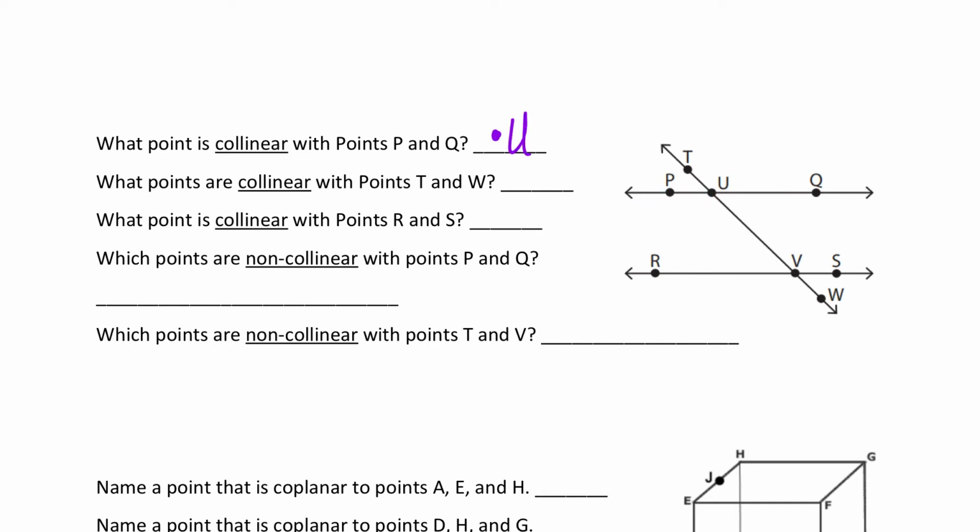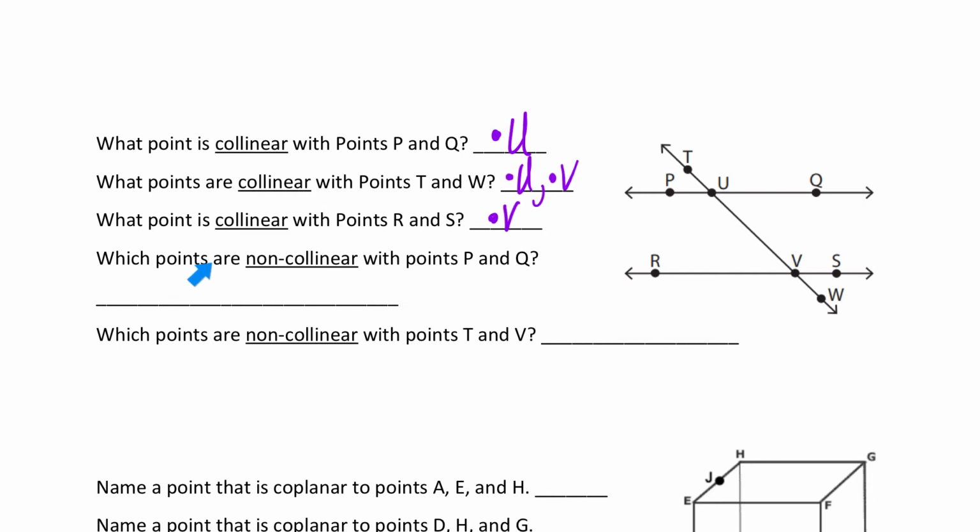Okay, what points are collinear with T and W? Here's T, here's W, so it's talking about this line. On this line, U and V are the ones that are on there. Okay, what point is collinear with R and S? R and S, that's this line. V is the one that's on the line with those.